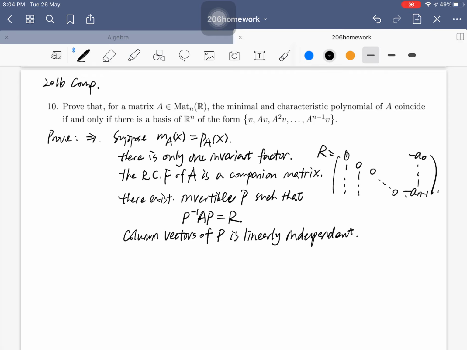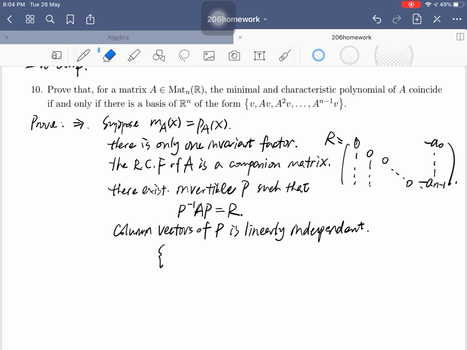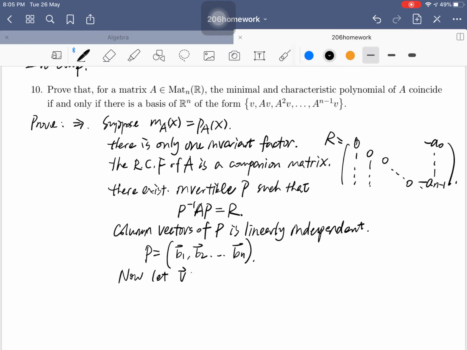Let's say P equals B1, B2, up to Bn, so the column vectors of P are denoted by B1, B2 up to Bn, and they are linearly independent. Now let v equal B1. Then let's investigate what Av is.